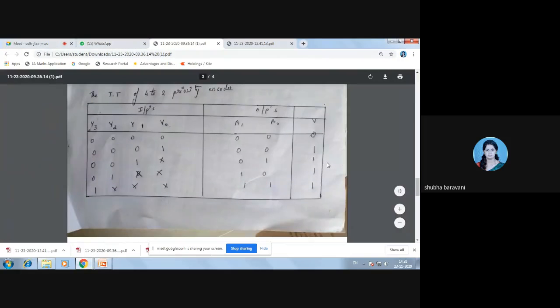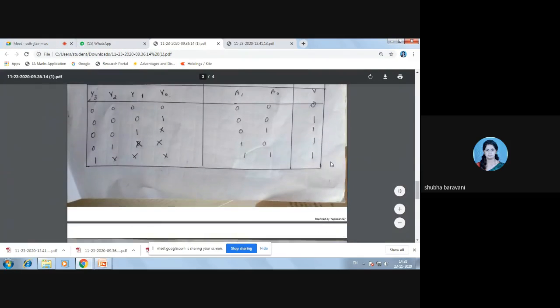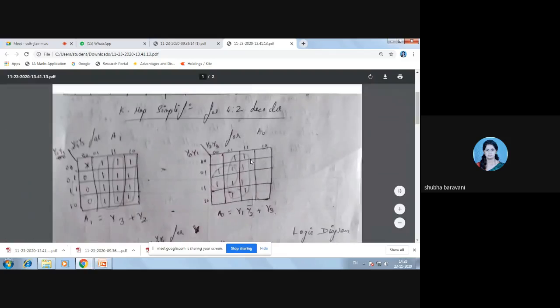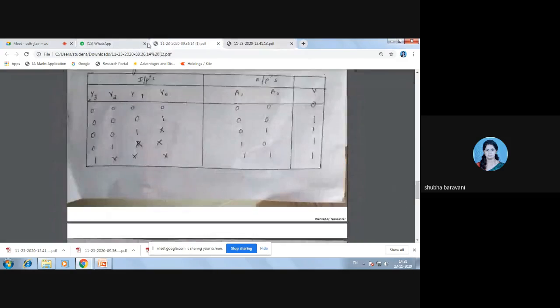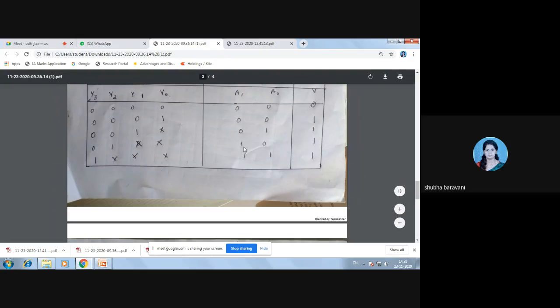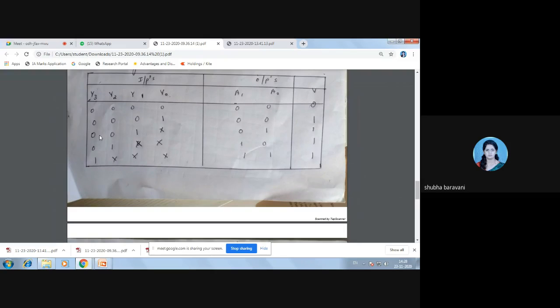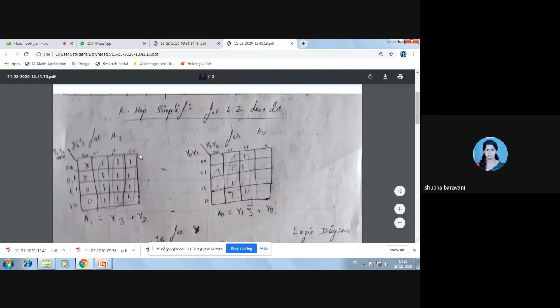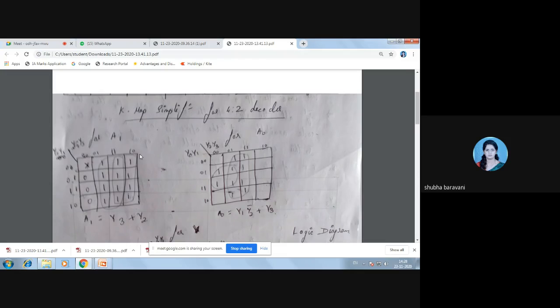This is a 4 to 2 priority encoder. So for this 4:2 priority encoder, I have put a K-map to get the equations for A1, right? What was my A1? See, A1 is 1 for these many combinations. You all can draw the K-map. Is there any problem in drawing the K-map?